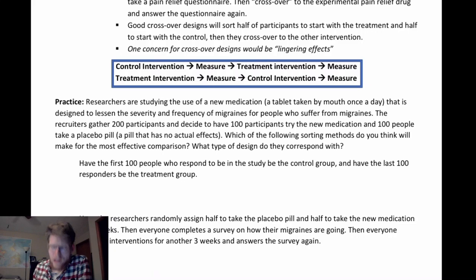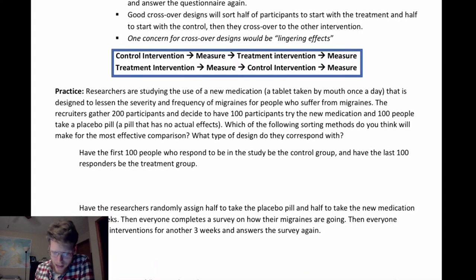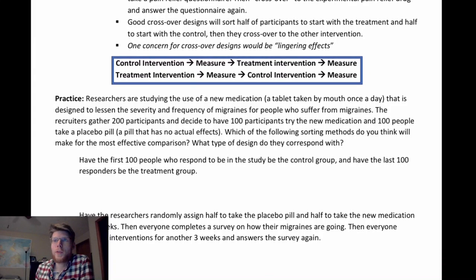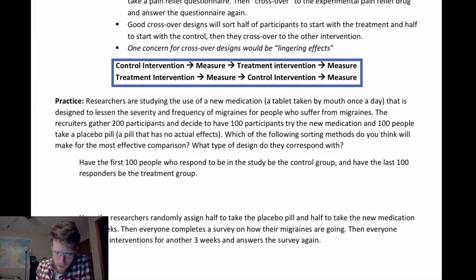All right, so let's take a look at some different design descriptions, and we're going to decide what type of experimental design is being used in each of these examples. So here we have this general prompt. Researchers are studying the use of a new medication, a tablet taken by mouth once a day, that is designed to lessen the severity and frequency of migraines for people who suffer from migraines.